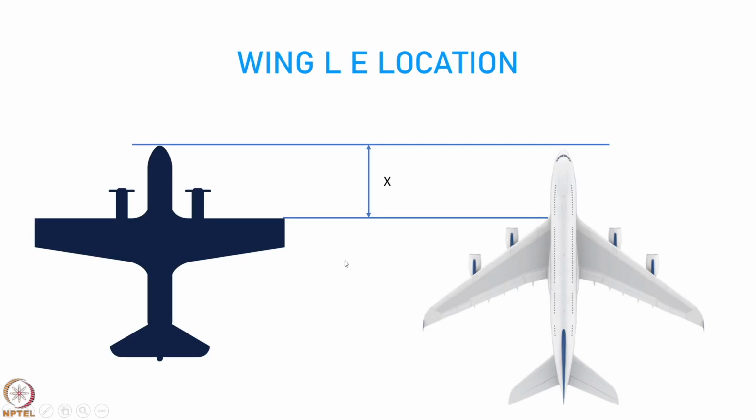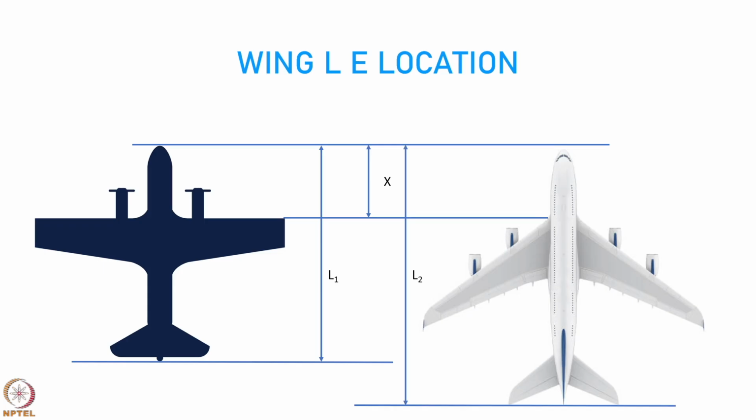So, the x value is the value of wing leading edge location, and it is expressed in terms of a ratio. You take the length of the aircraft as either L1 from the maximum point on the front to the back, or it could be called L2. So, the value of the leading edge location would be x upon L1 or x upon L2.